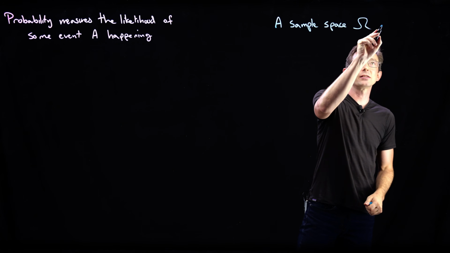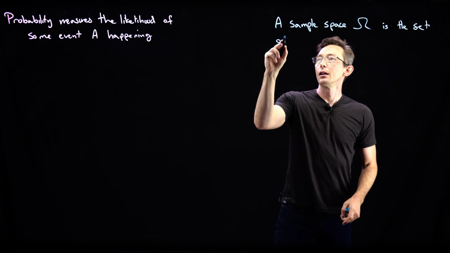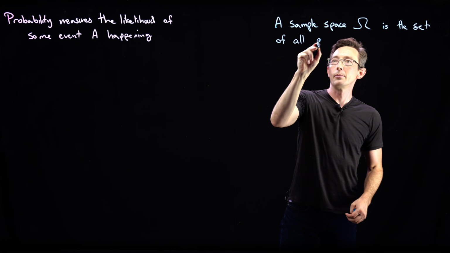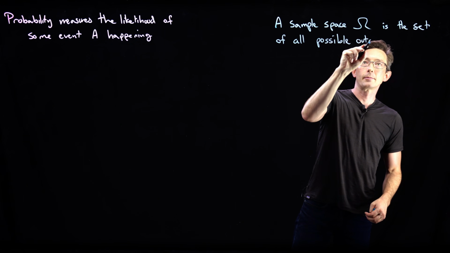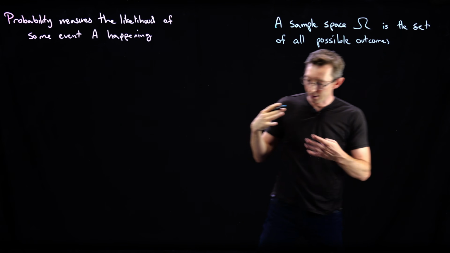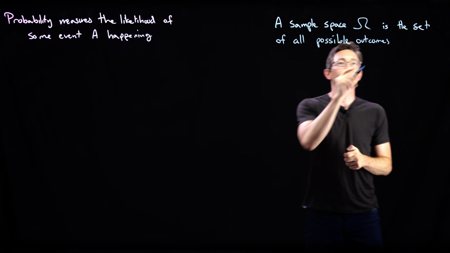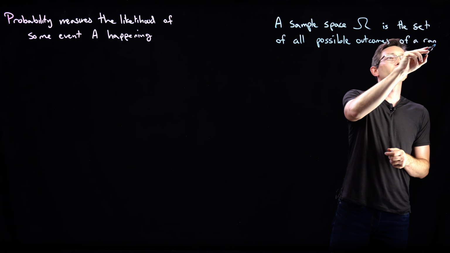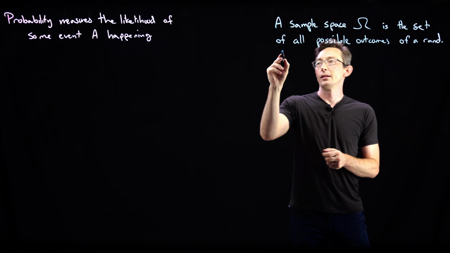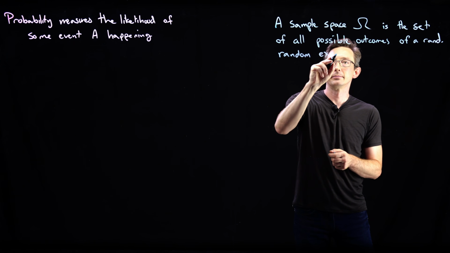So the sample space omega is the set of all possible outcomes of some random experiment.